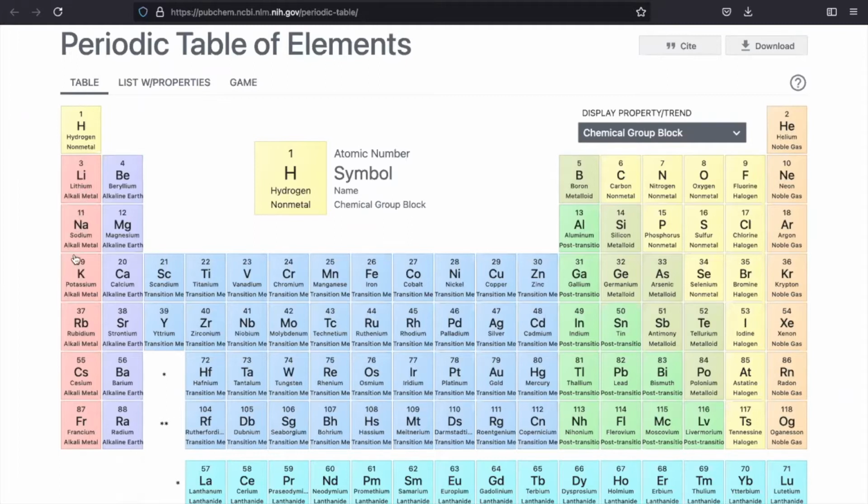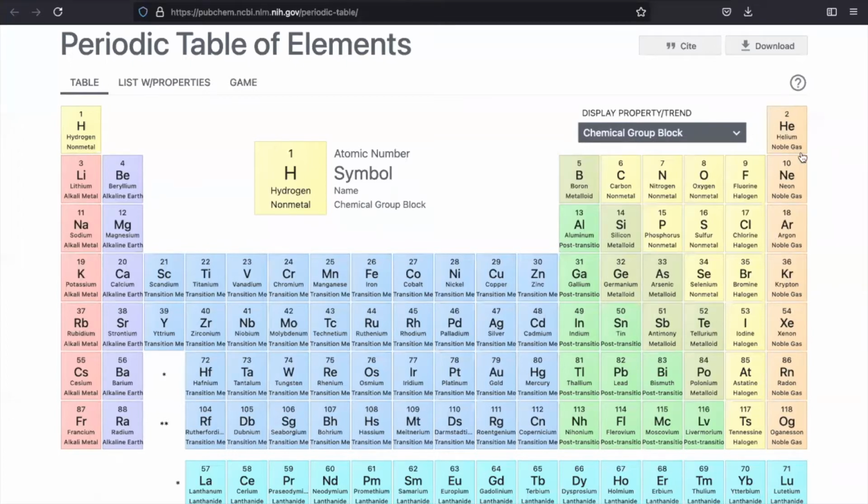These are group 1A, group 2A, group 3A, group 4A, the nitrogen group 5A, 6A, the oxygen group, and 7A, sometimes called halogens, and group 8A.